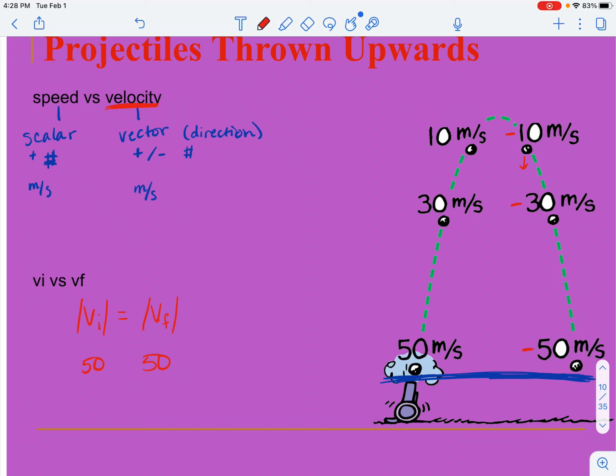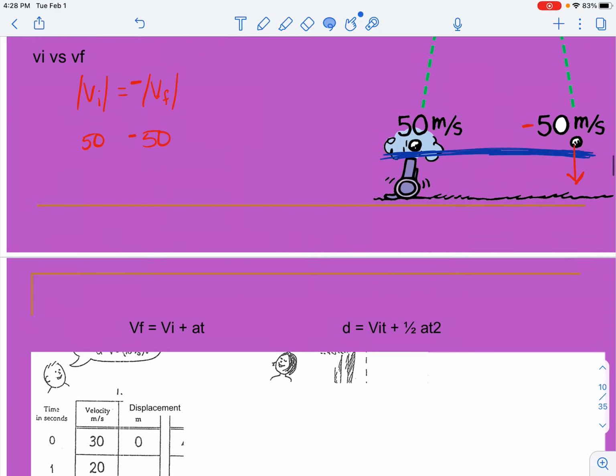But if I'm just comparing the speeds, that's a 50 and a 50. Now, we do need to understand that that final velocity must be a negative number if my object is on the way down, and for these kinds of questions, that will be the case. So my initial velocity is going to be a positive 50. My final velocity is going to be a negative 50. And so this is just a fact, a conceptual thing that I need you to know about objects that go up and then come back down along that vertical or y-axis.